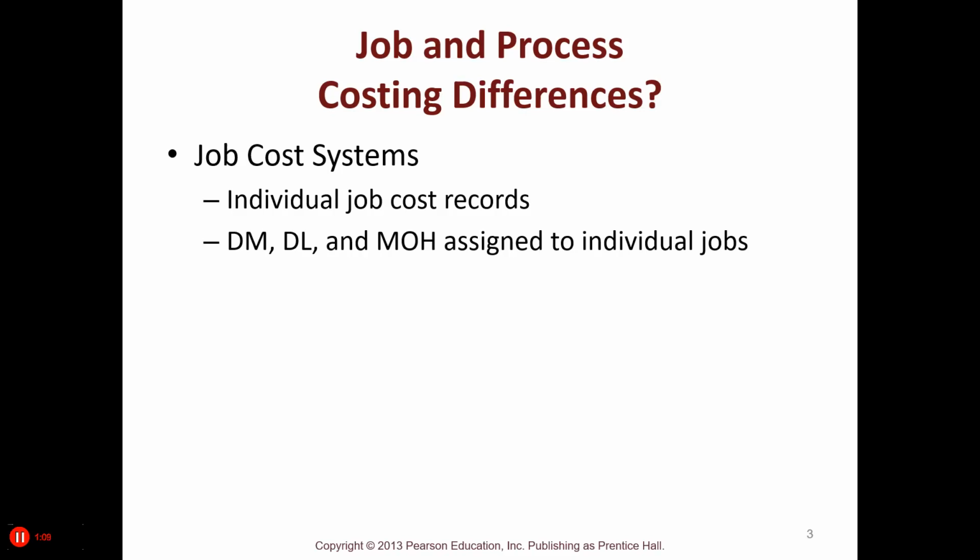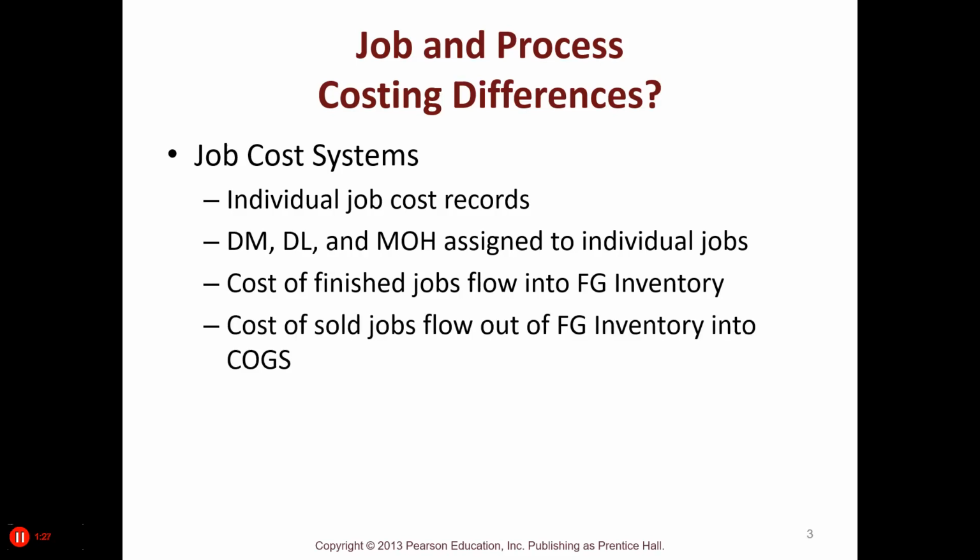Or another example would be if we custom make things. This is what you would do. The cost of, or a landscaper should do this, the cost of the finished jobs flow into finished goods inventory, but through the whole process, they're tracked by job. So when the job is complete, they then can transfer those costs to cost of goods sold.